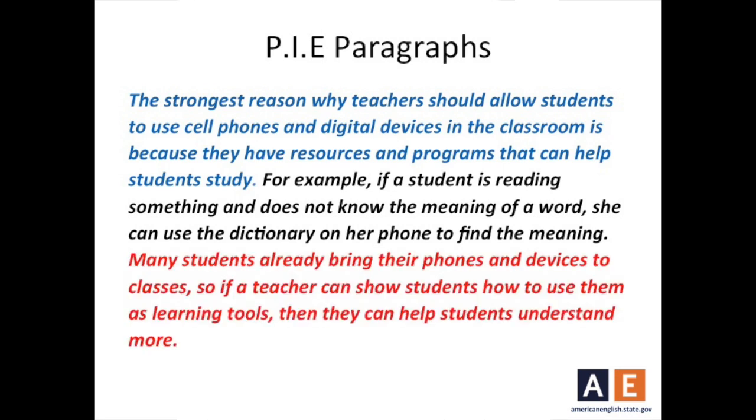The final sentence, in red, makes a connection between the first 2 sentences. Here, the writer indicates that if cell phones can help students study more effectively, then teachers should allow them in class, and perhaps even teach students how to use them well.